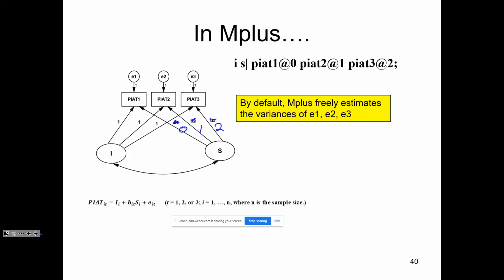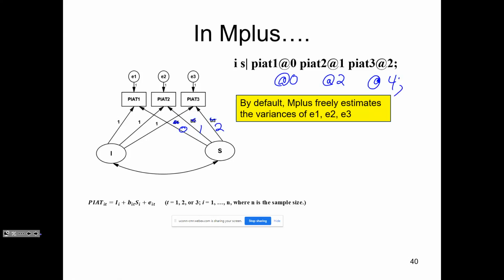So if I want it to be 0, 1, 2, I'm going to put P.1 at 0, P.2 at 1, P.3 at 2. Remember, that's now going to give me a slope for every 2 years of growth because we've got the scores at 6, 8, and 10. If I wanted it for yearly, I would just go at 0, at 2, and at 4.